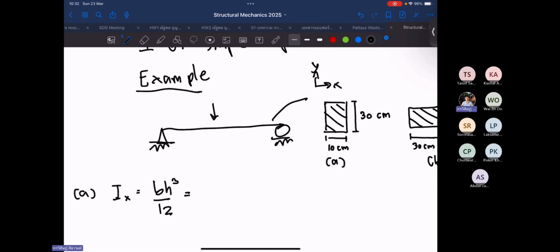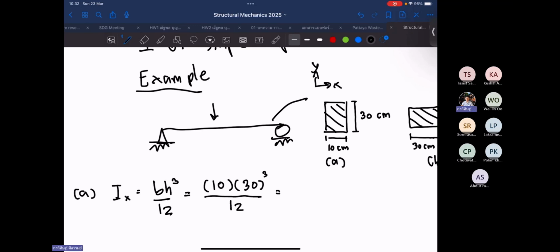This one is the x direction, this one is the y direction. In some textbooks, we will encounter XC direction or YC direction, depending on how you look along the beam longitudinal direction. So this one is 10, and h is the height of the section, so it will be 30. Then 30 cubed divided by 12.